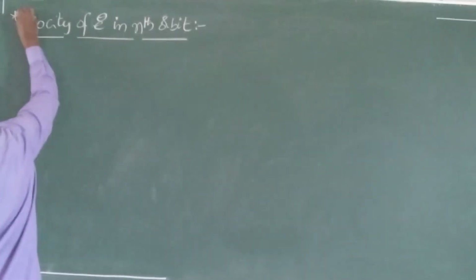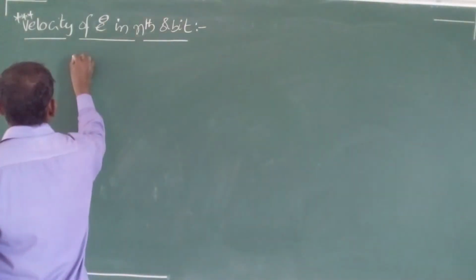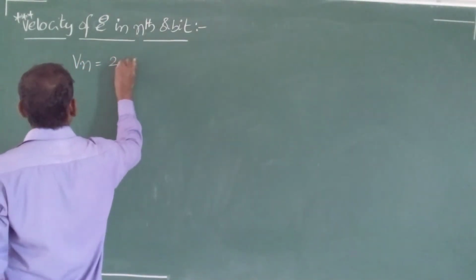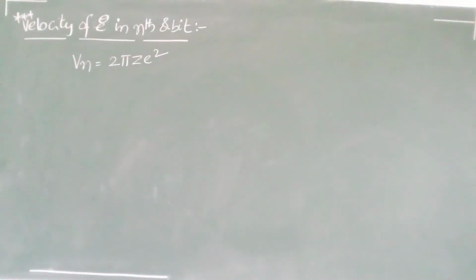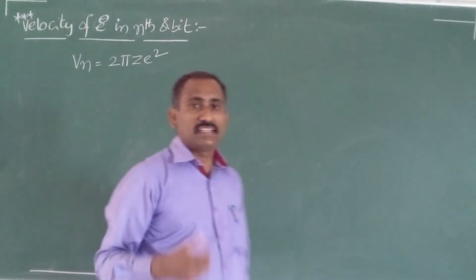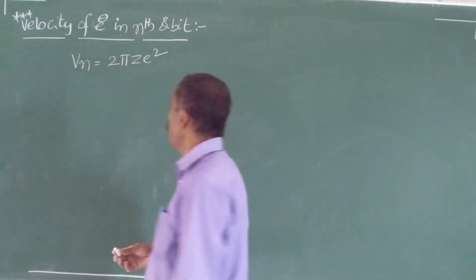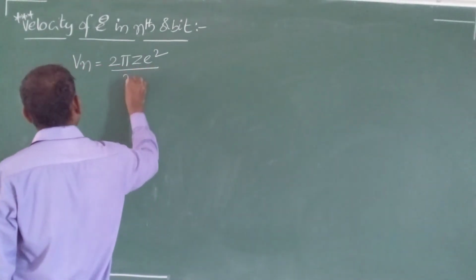This formula is also important. The nth orbit velocity Vn equals 2 pi Z e square by n h. How that formula comes is the derivation, which is not in the syllabus.